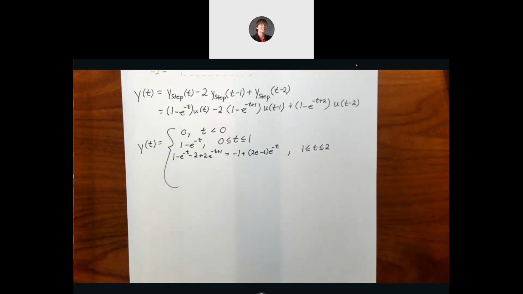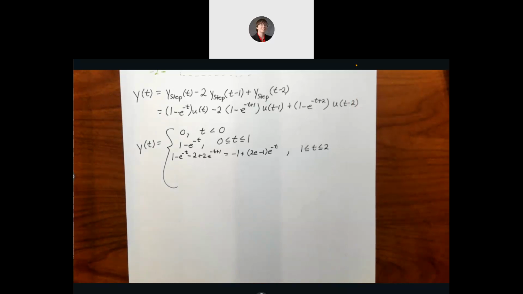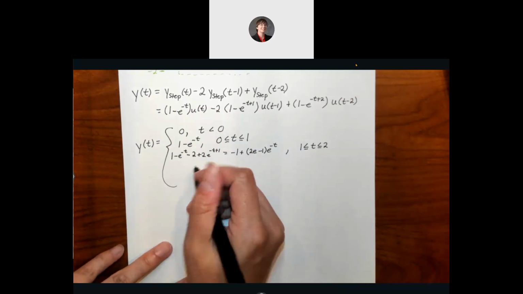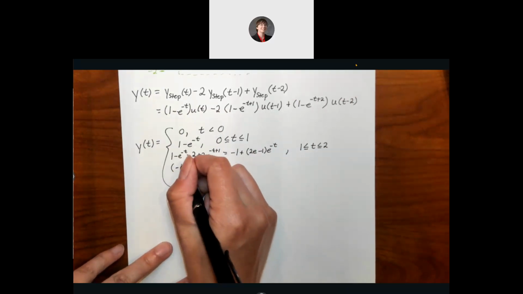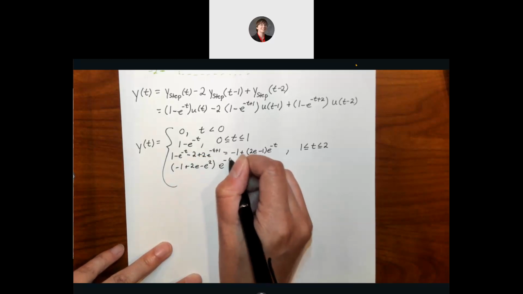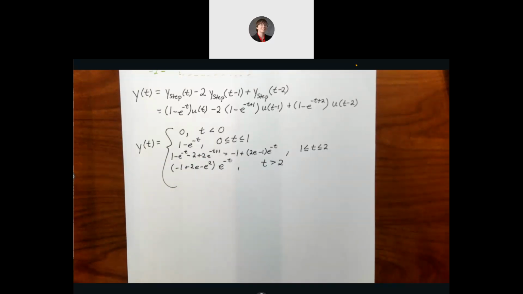And then once we cross t equals 2, then this also becomes 1. So if we do the same algebra, adding all of these coefficients here, doing some simplification. And this is true for t greater than 2.